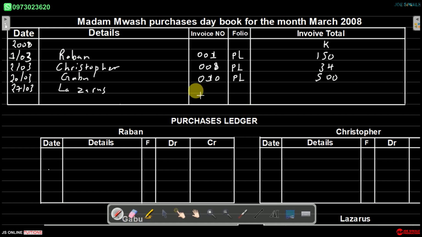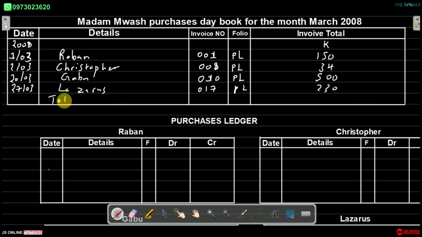Then the invoice number, we know that's 017. Then we'll say our PL there, and the amount is 230. So there we can find the total credit purchases.